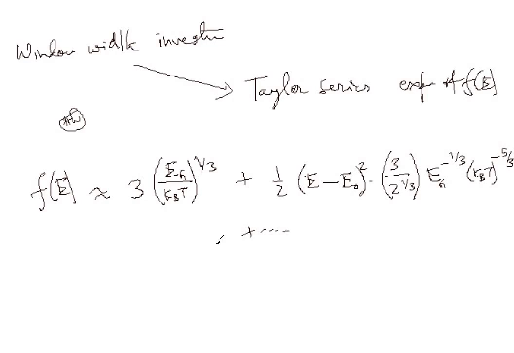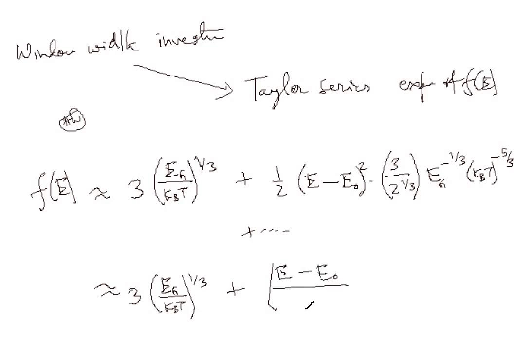Now we can rewrite this term as 3 times (Eg by kBT) to the power 1 by 3 plus ((E minus E0) divided by (delta by 2)) to the power square, and this delta is the gamma width.